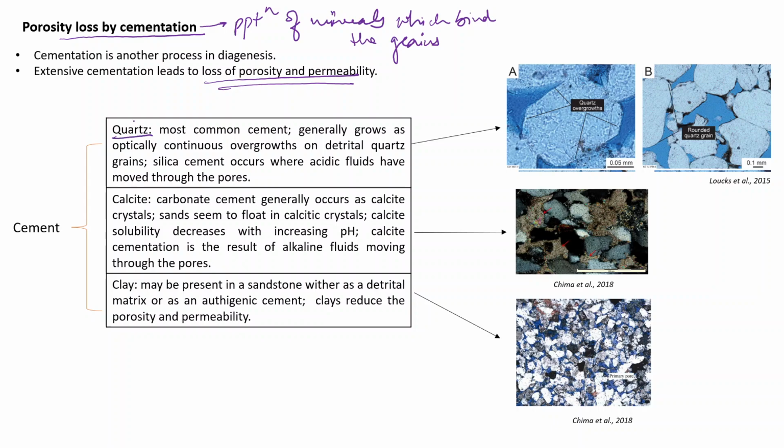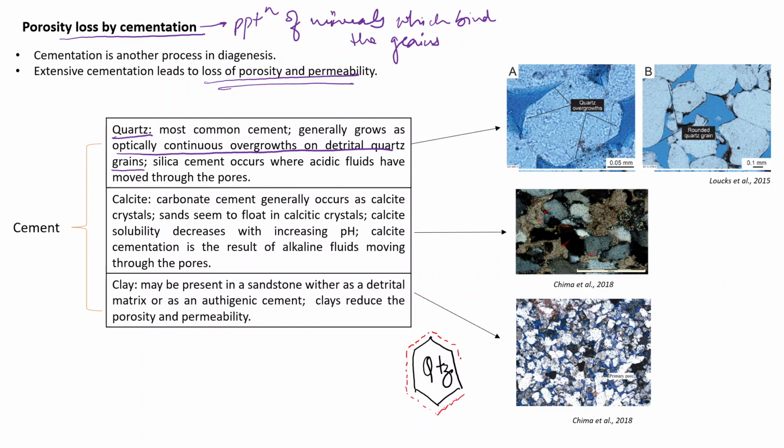The quartz generally grows as optically continuous overgrowth on detrital quartz grains. So in the sandstone, if you have quartz grains, like this type, quartz is also precipitated as a cement.